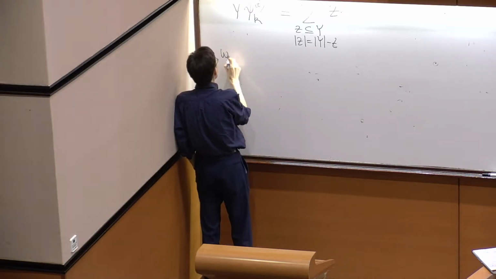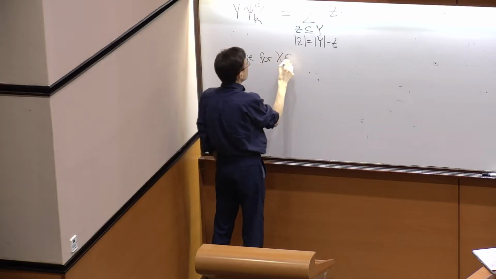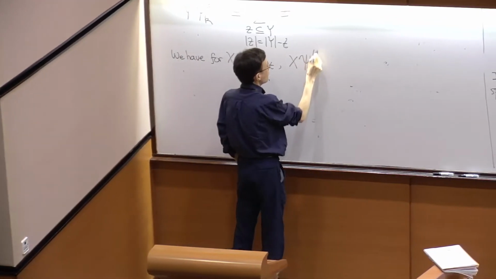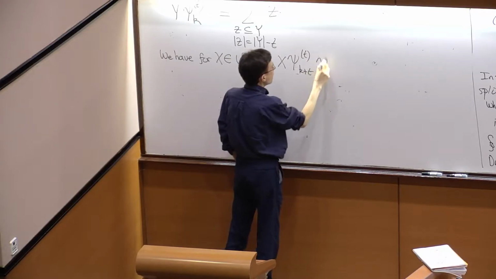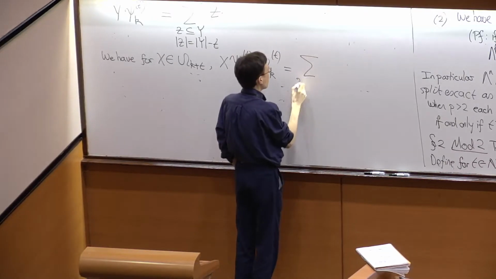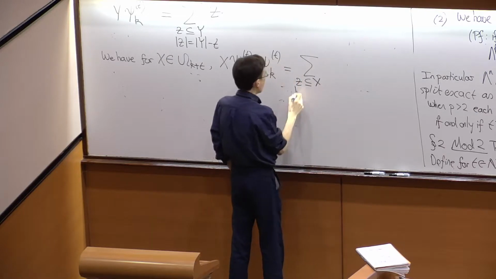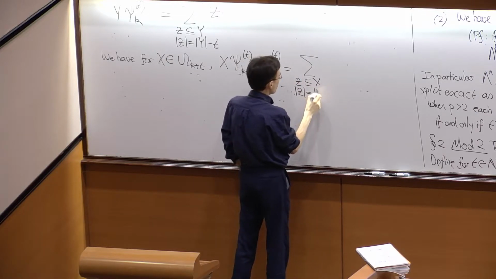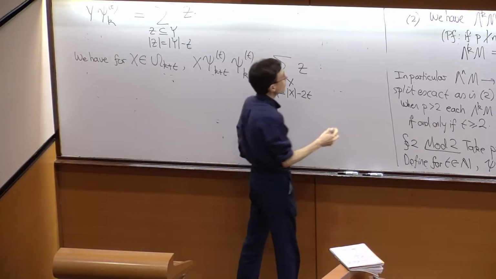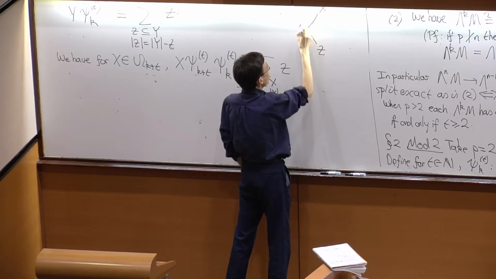So we have for x in omega k plus t, x goes under xi t k plus t and then xi t k. So I've now got to go down to certain z like that. So there'll be certain z subset of x. I've gone down by 2 steps. So the size is now k minus t, z with some coefficient. And I can predict the coefficient by drawing a little diagram like this.